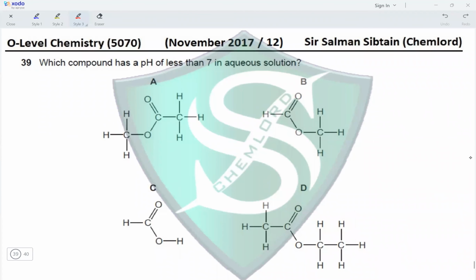Question 39. Which compound has a pH of less than 7 in aqueous solution? Less than 7 means that it is a carboxylic acid, because all of these compounds here are organic in nature. So it has to be a carboxylic acid for it to have a pH of less than 7. So A is an ester. B is also an ester.